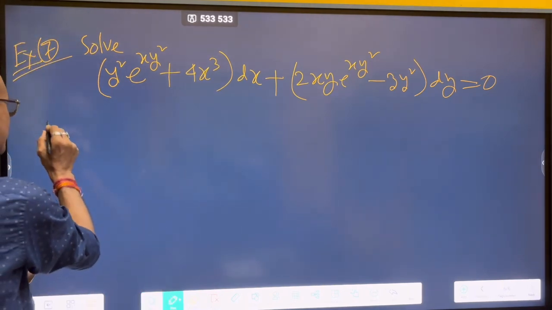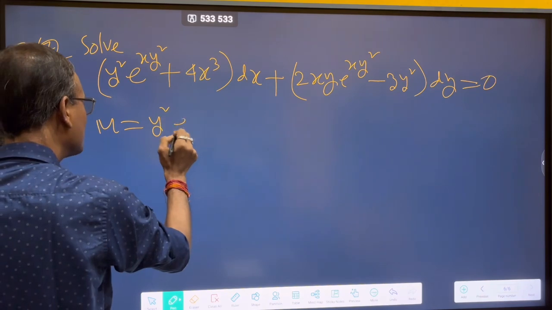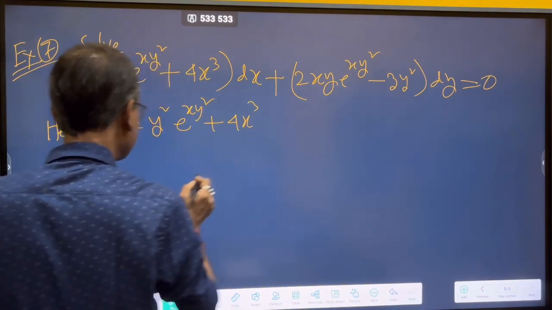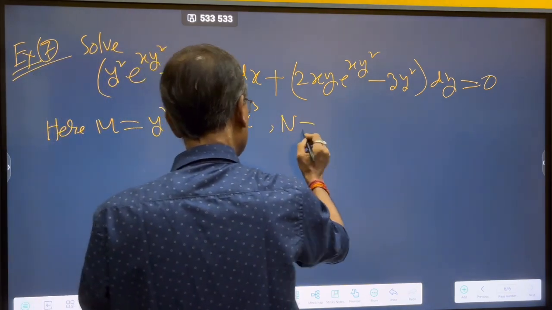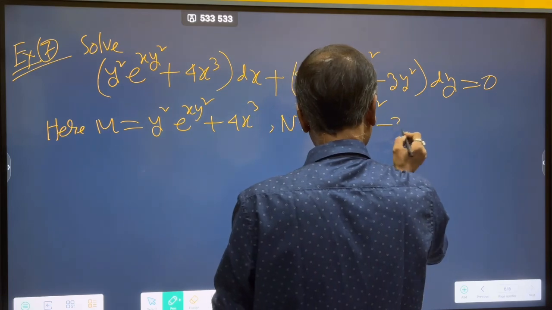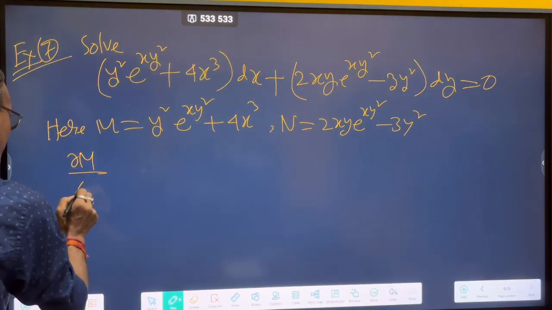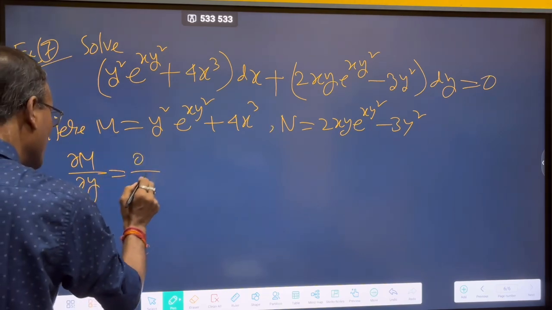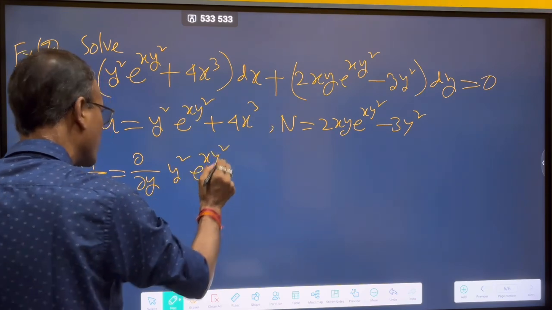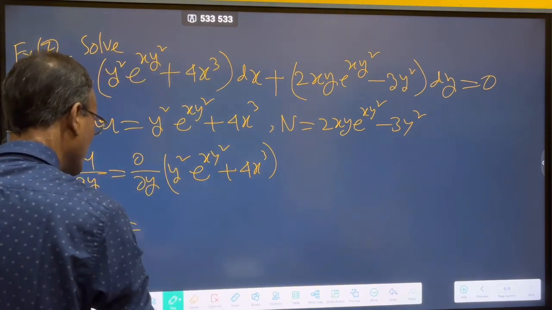Here M = y²e^(xy²) + 4x³, N = 2xy e^(xy²) − 3y². ∂M/∂y equal to ∂/∂y of (y²e^(xy²) + 4x³).